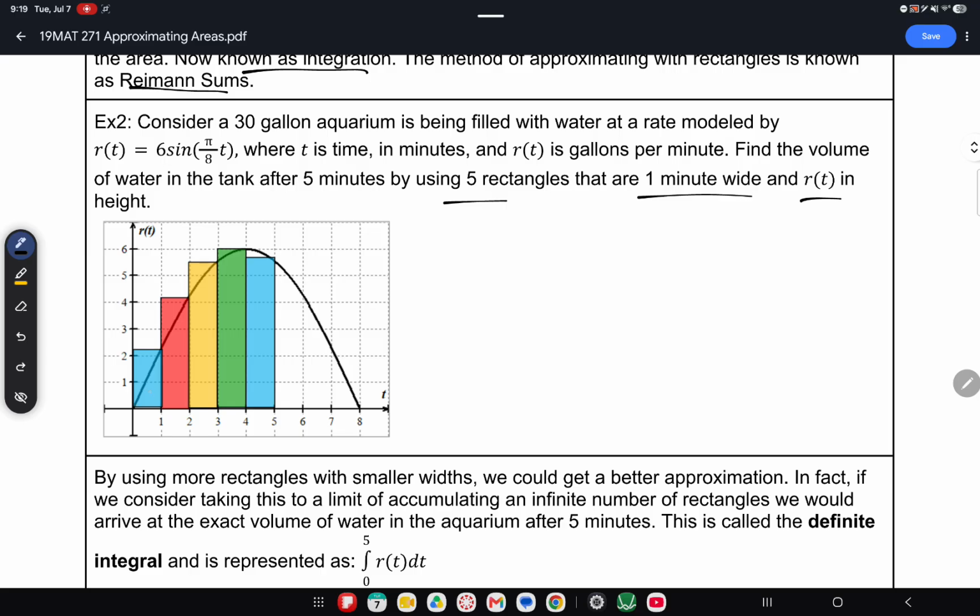Do we see we got 5 rectangles here? 1, 2, 3, 4, 5. So we want to add up all the area. I'm going to call this 1, 2, 3, 4, 5. Make it easy. So we want to take the areas of all of them, adding them up. They all have a width of 1.